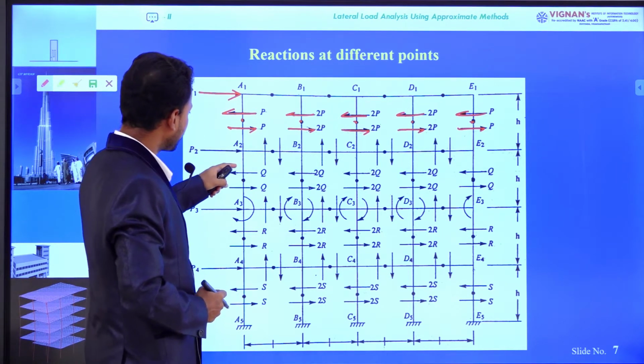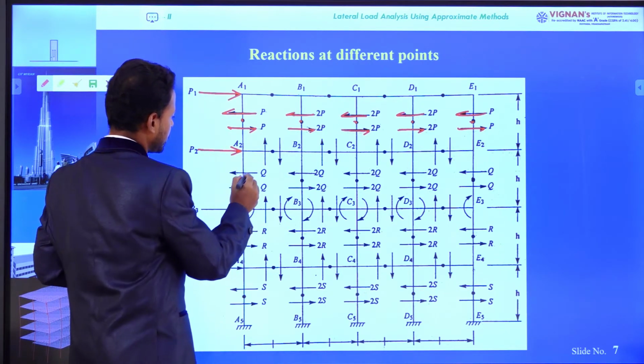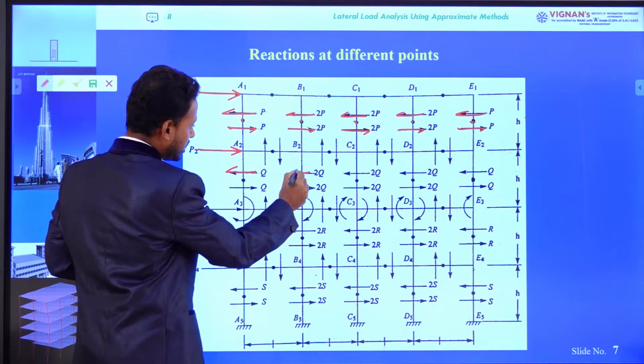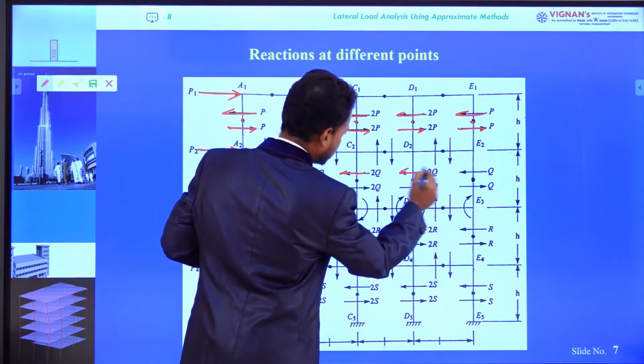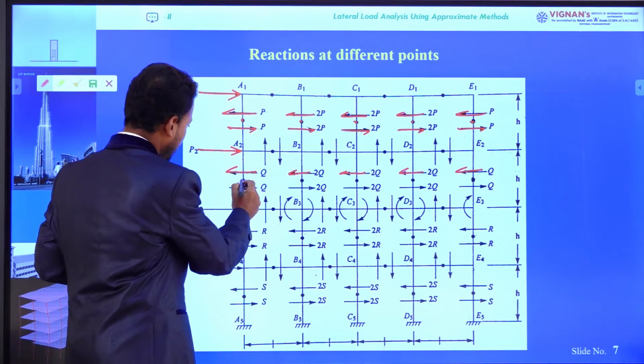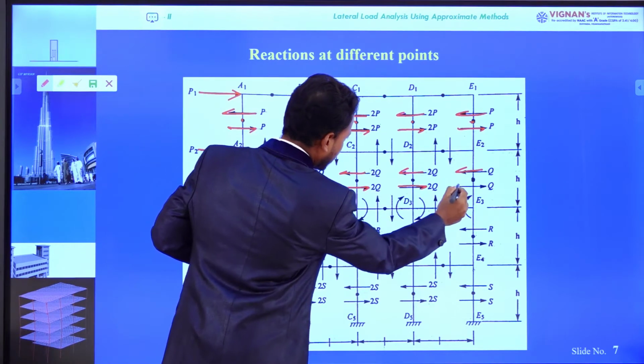For the third story, as the force is working in this direction, shear will be working in this direction, right? And just below the point of contraflexure it will be opposite of the above.